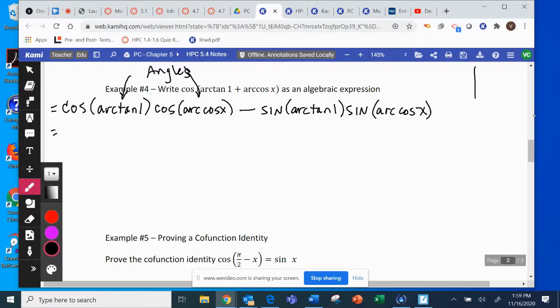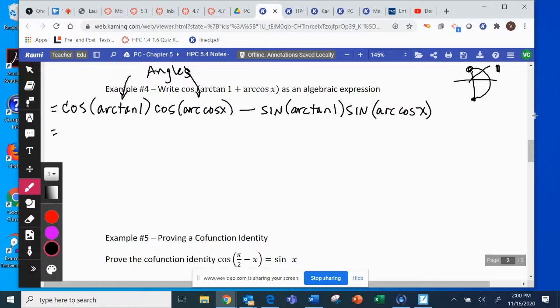So tangent is limited to negative pi over 2 to pi over 2. This is positive, and it's equal to 1. What angle is that? That makes tangent equal 1. What angle does that? Gavin?